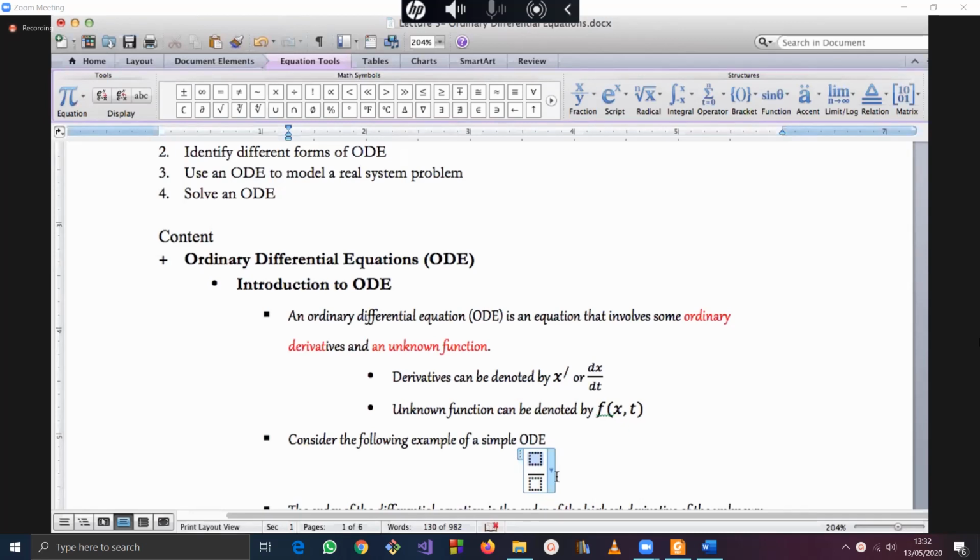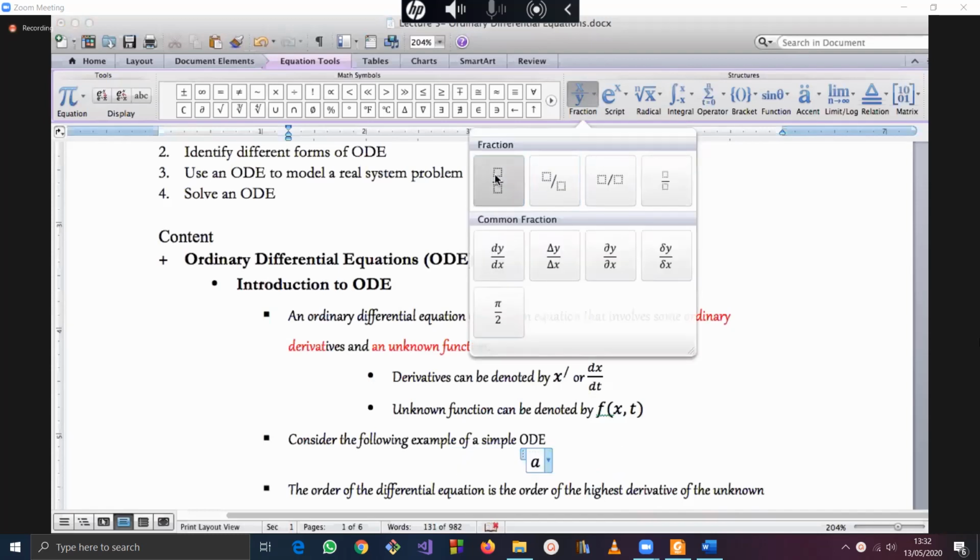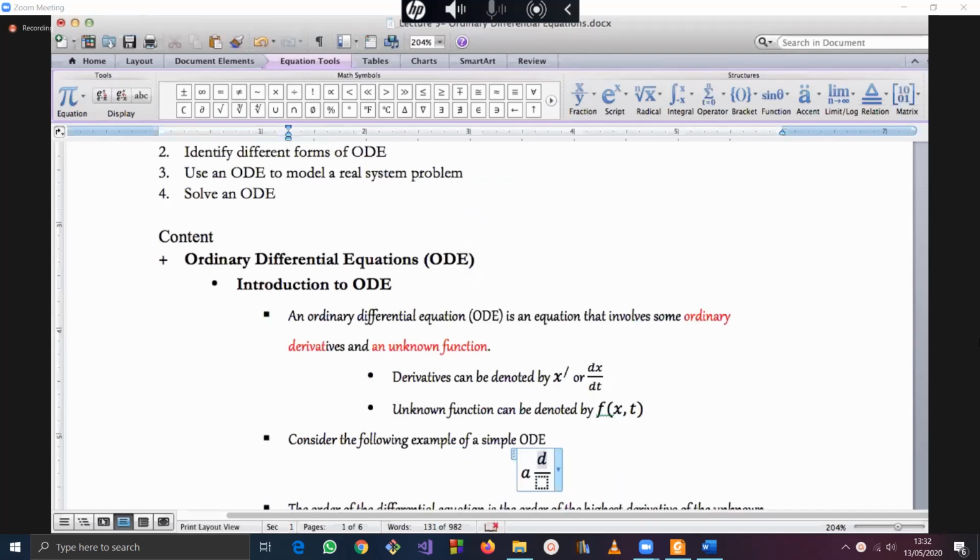I can say a, and then dx over dt plus, let's say, b of x plus c is equal to 0.